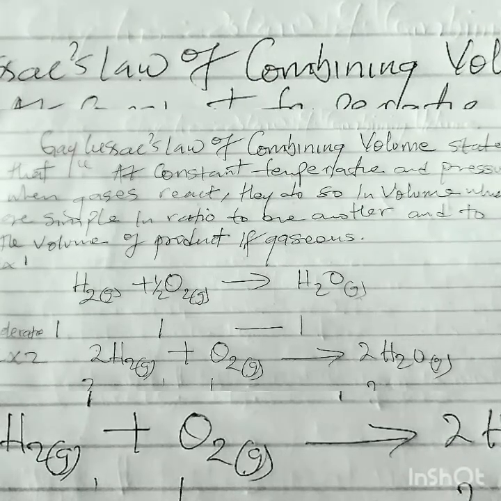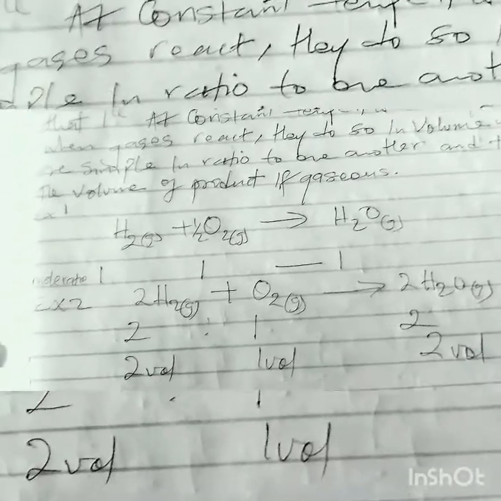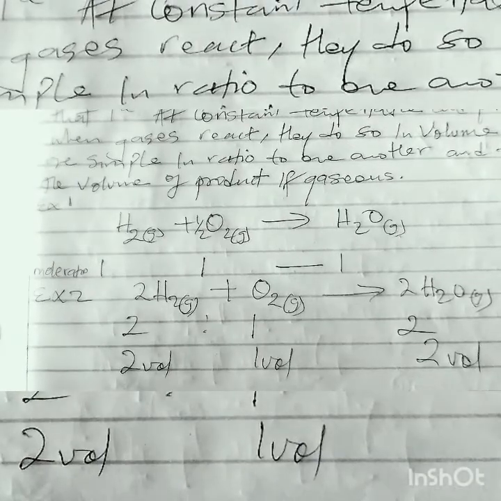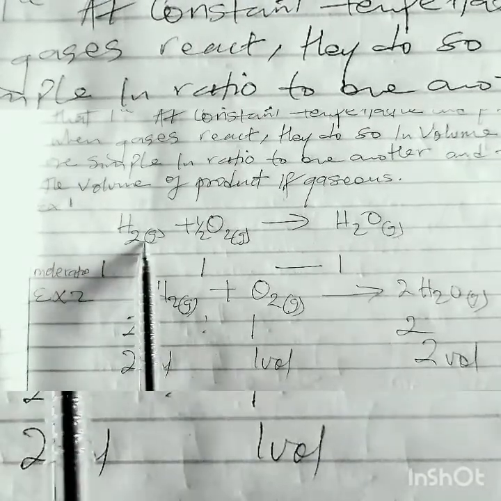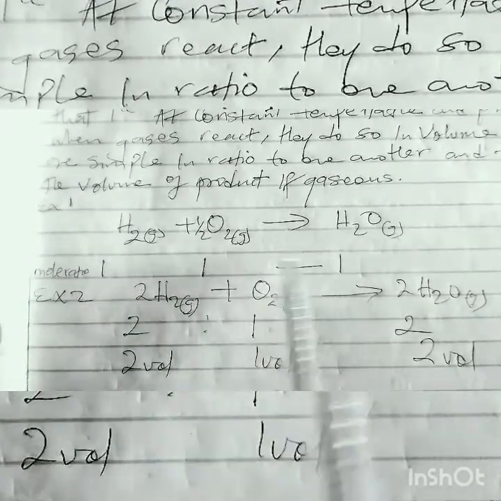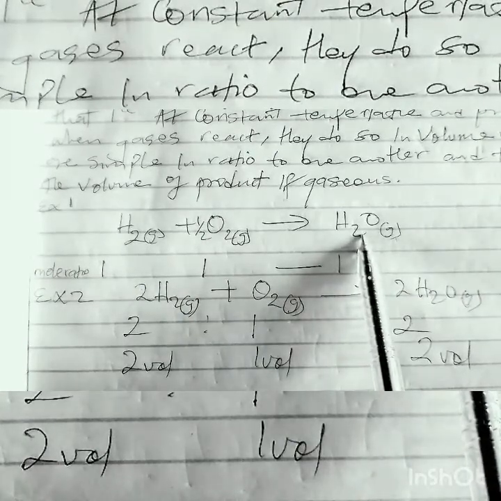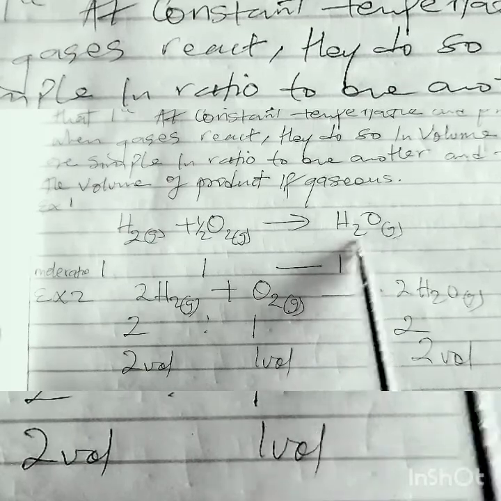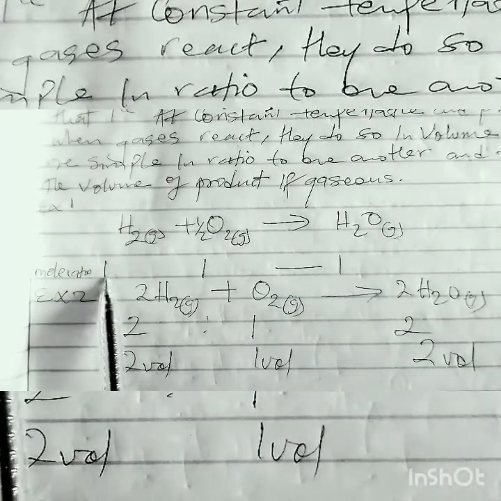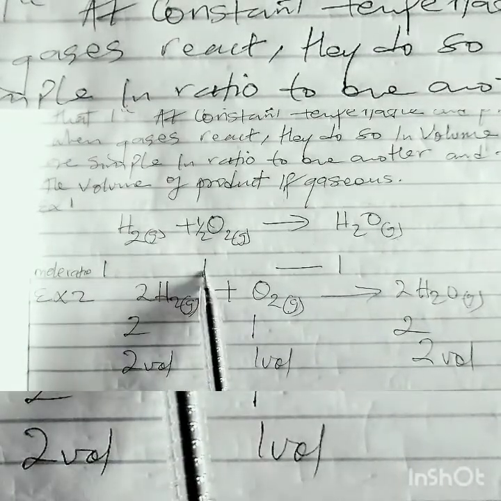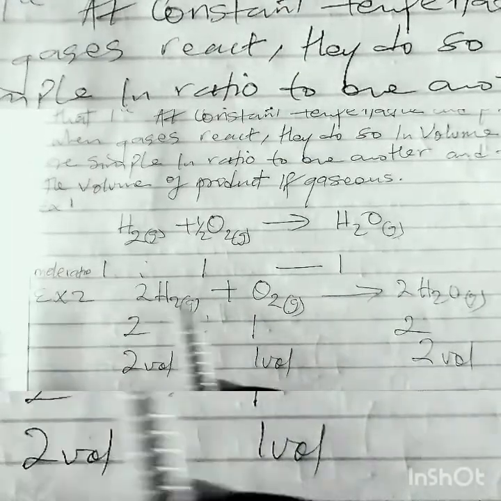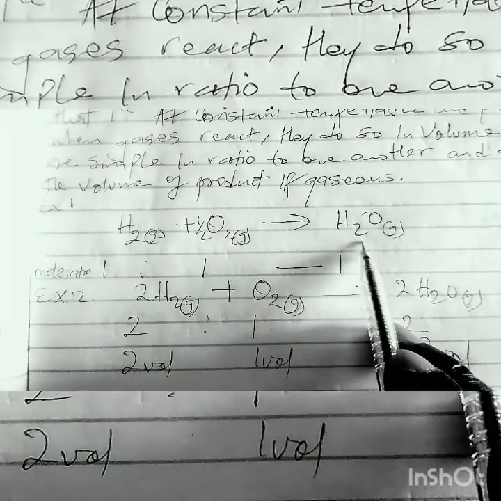Now let us take a look at the example we have here. Hydrogen gas combines with oxygen gas to give rise to H2O gas, which is called steam. The mole ratio that exists here is 1:1 to give rise to 1 mole of water.